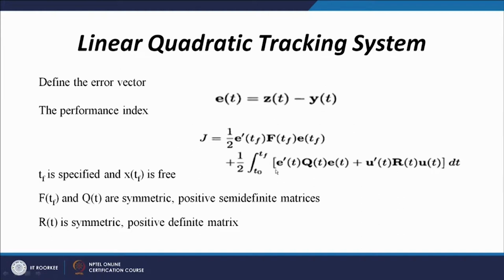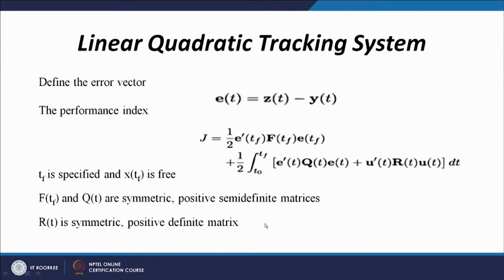If my error is minimum, my actual output will track my desired output. In defining this problem, the format is the same as for the LQR problem: F of T f and Q of t are symmetric positive semi-definite matrices, while R is a symmetric positive definite matrix.